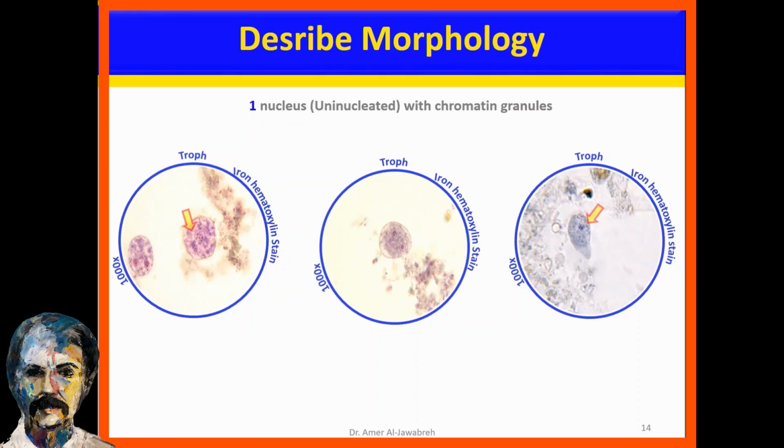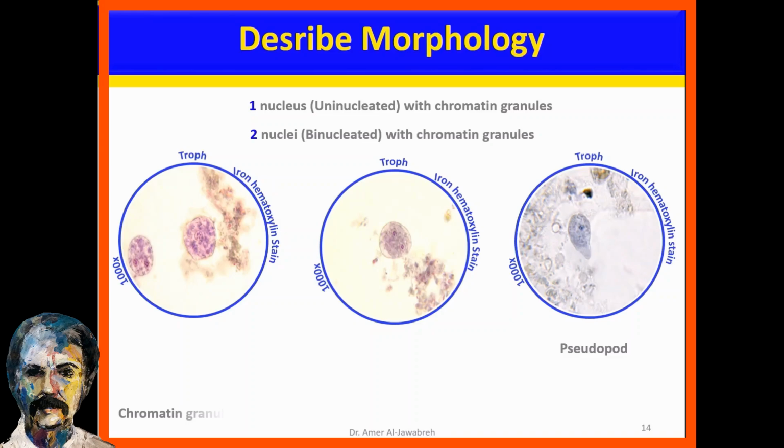If you look here, iron hematoxylin stain. It's the only one that is used to demonstrate the granules inside the nucleus. Not Giemsa, not trichrome. Iron hematoxylin. Two nuclei here, and here also. Pseudopod.